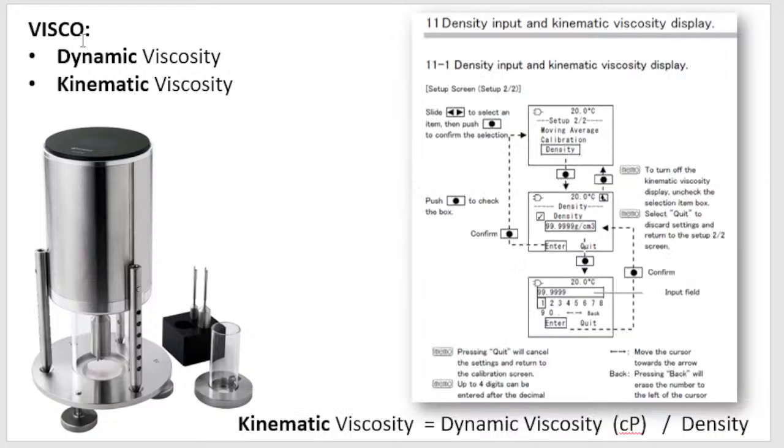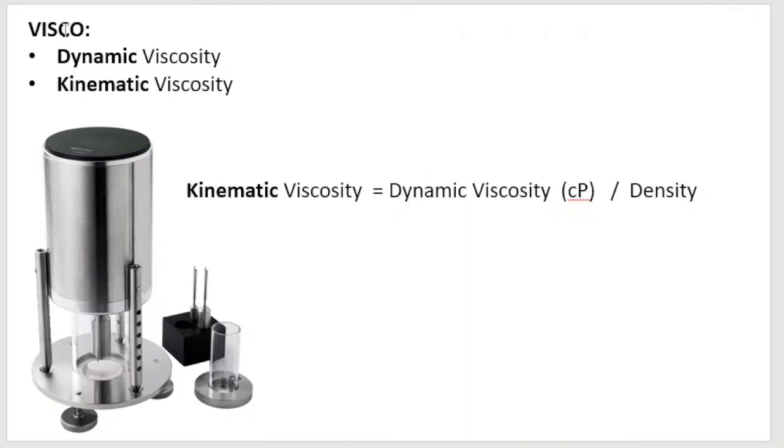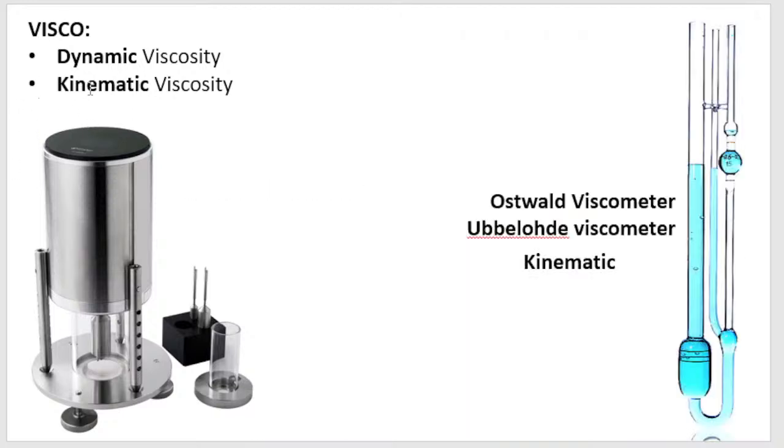So our Visco, whether it be a Visco BL or this Visco, has the option where you can input the density of the liquid so that when it is spinning and measuring dynamic viscosity, it outputs kinematic viscosity. So basically, the Visco will output kinematic viscosity just like this gravity one.